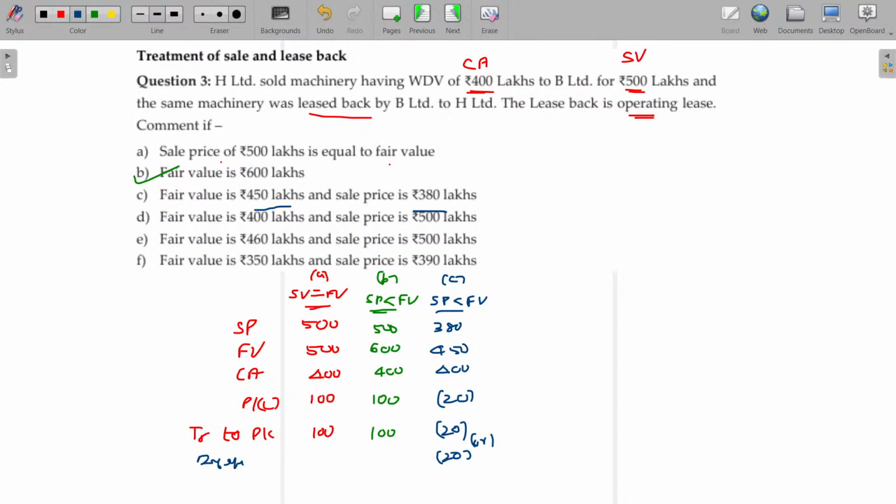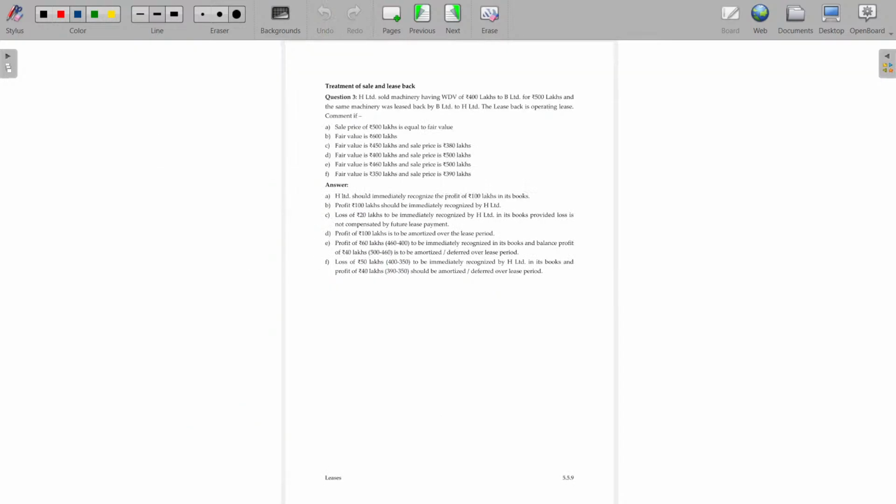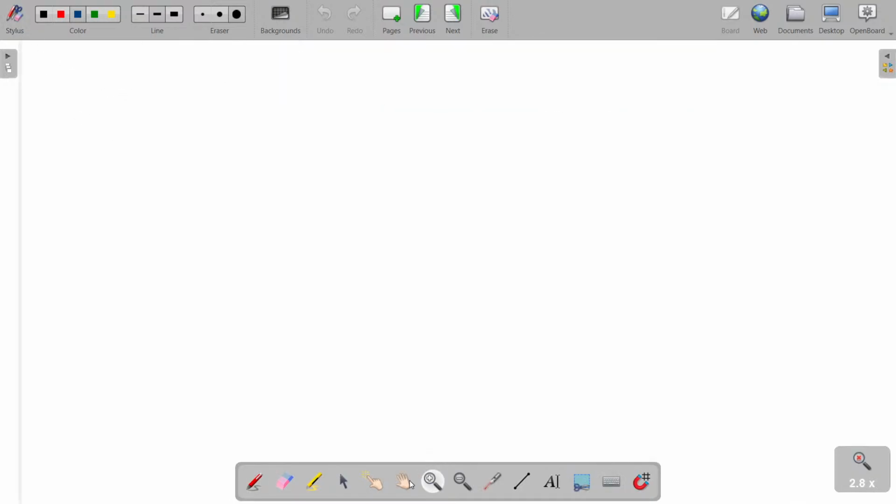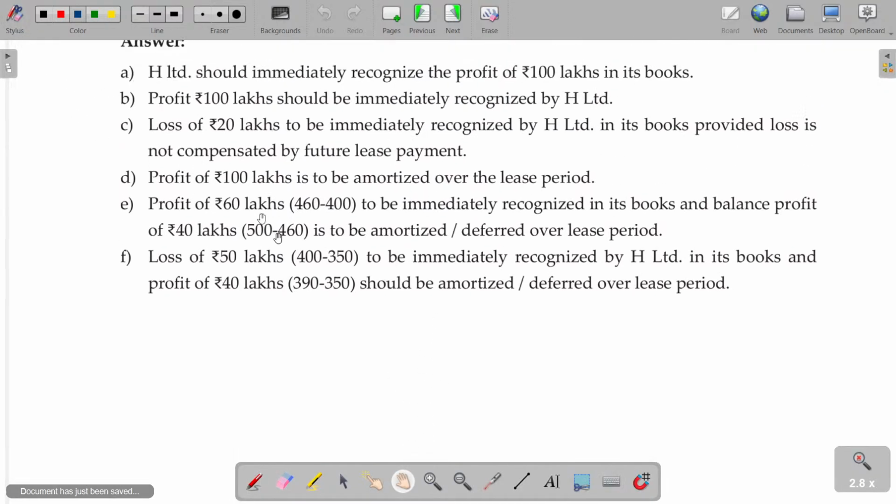This is a choice. In the text it is stated this way: loss of 20 lakhs to be immediately recognized provided the loss is not compensated. If it is compensated because of some other period's lease, then it will be deferred.